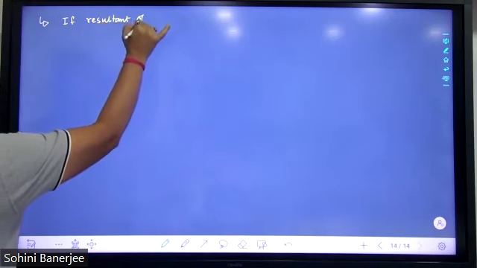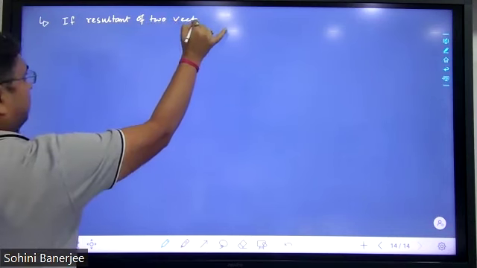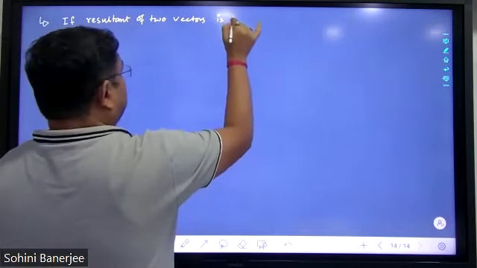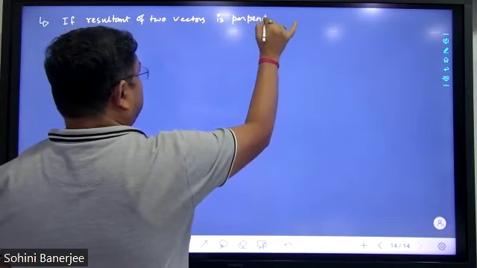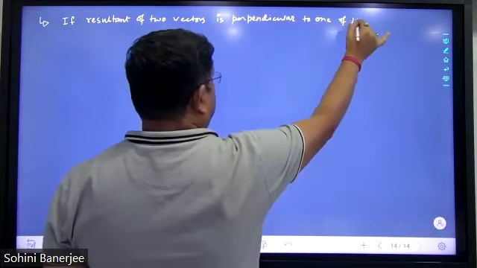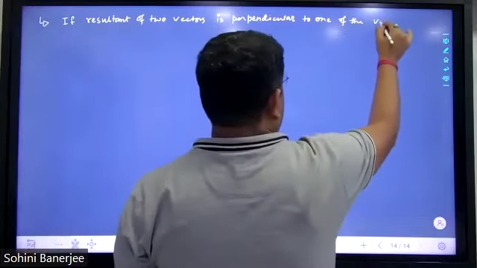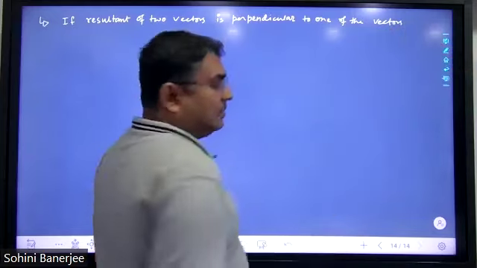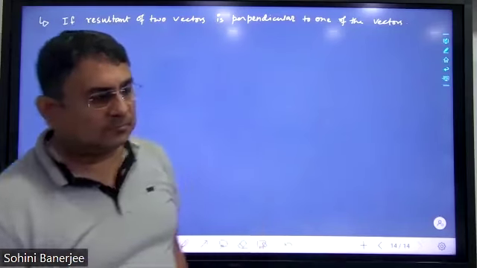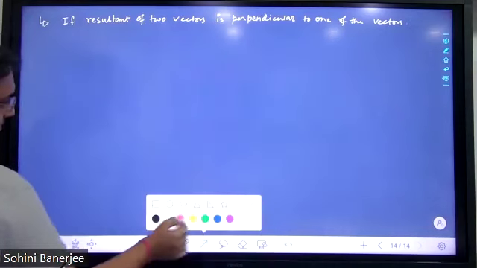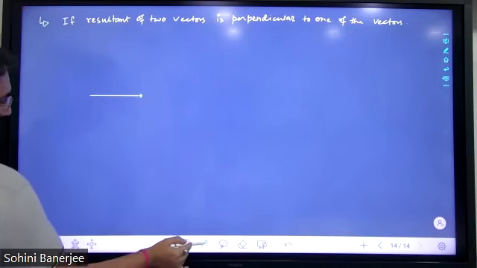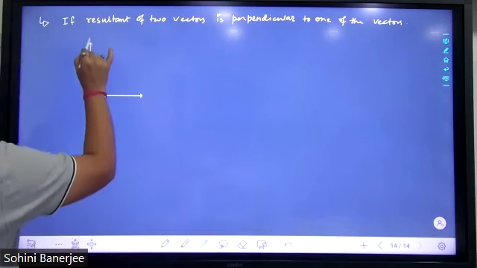Here, the resultant of two vectors. If the resultant of two vectors is perpendicular to one of the vectors, resultant R is perpendicular to A or B. So R is perpendicular to A. This is A. And the resultant is obtained to be perpendicular to it.